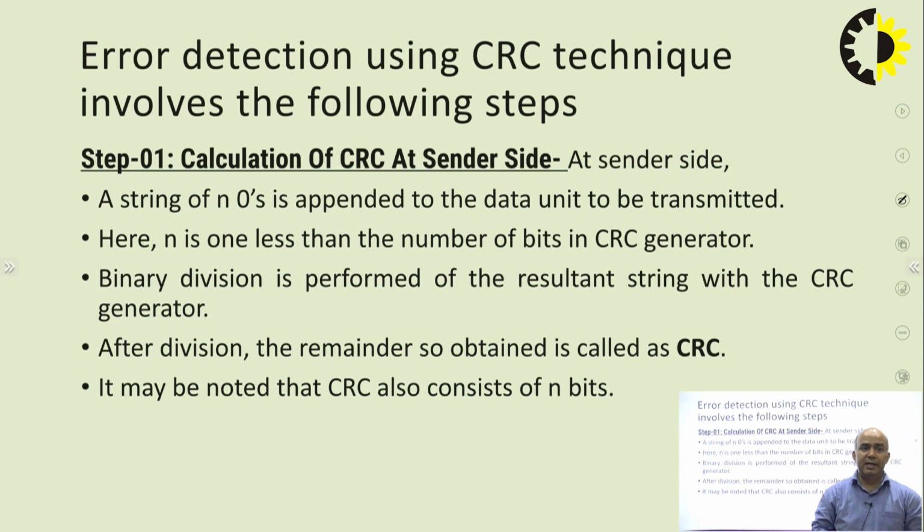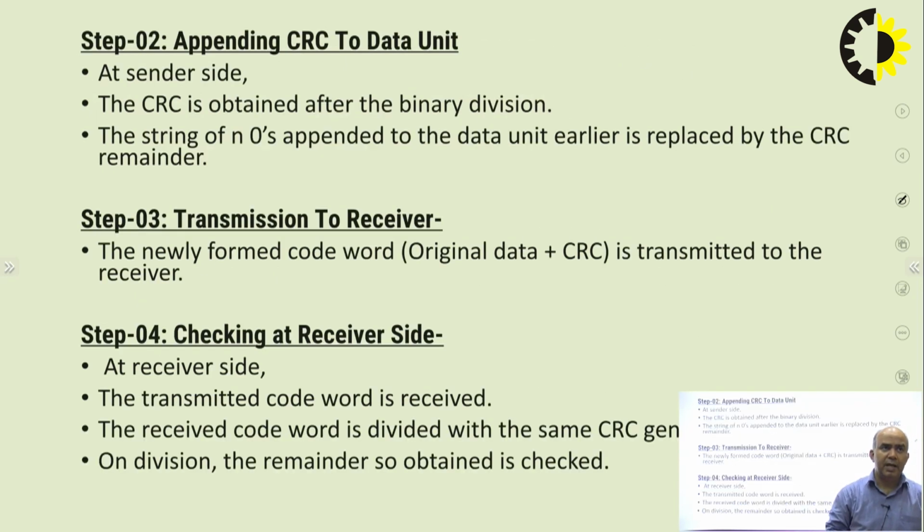After division, the remainder so obtained is called the CRC. It may be noted that the CRC also consists of n bits. In step 2, after the binary division, the CRC obtained is appended to the data at the sender end.